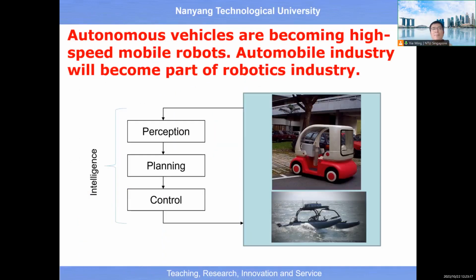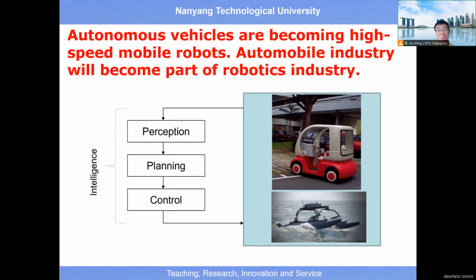Okay, and another thing for you to know is, as I mentioned, when we look at the timeline of development of autonomous vehicles, you remember it is only when we start to make use of robotics technology in the vehicle that we see real progress in making the vehicle autonomous.